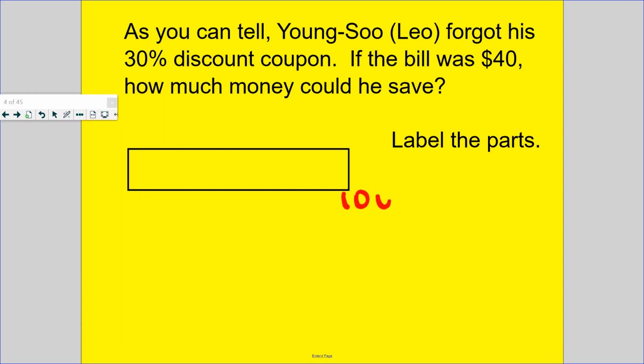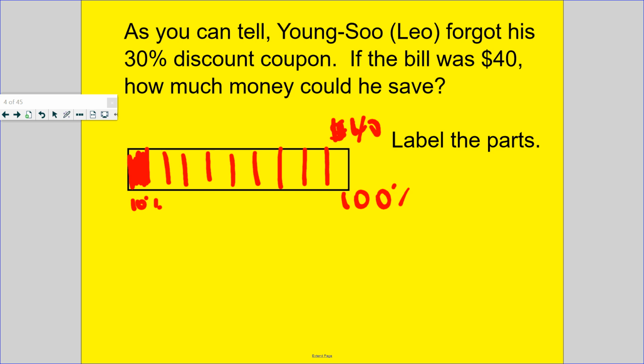So 100% is $40. If you pay all 100% of this bill, you pay $40. So he wants to leave 30%. I'm going to break this into 10% again. 1, 2, 3, 4, 5, 6, 7, 8, 9, 10. So this is 10%, this part right here. What is the relationship between 100% to 10%?